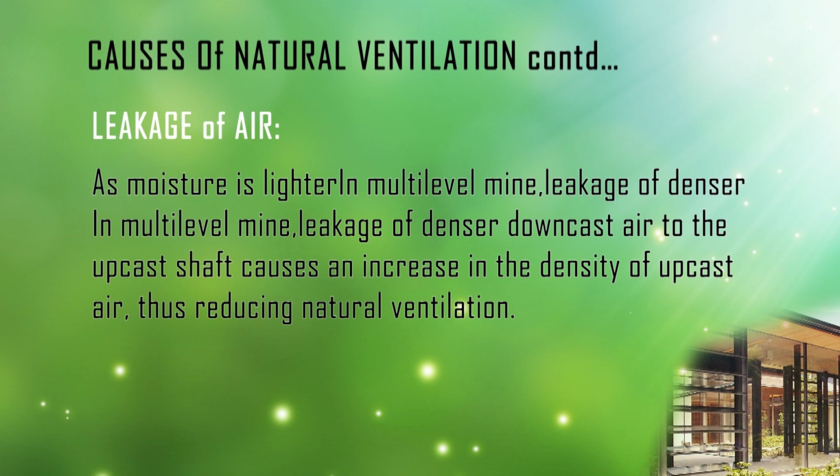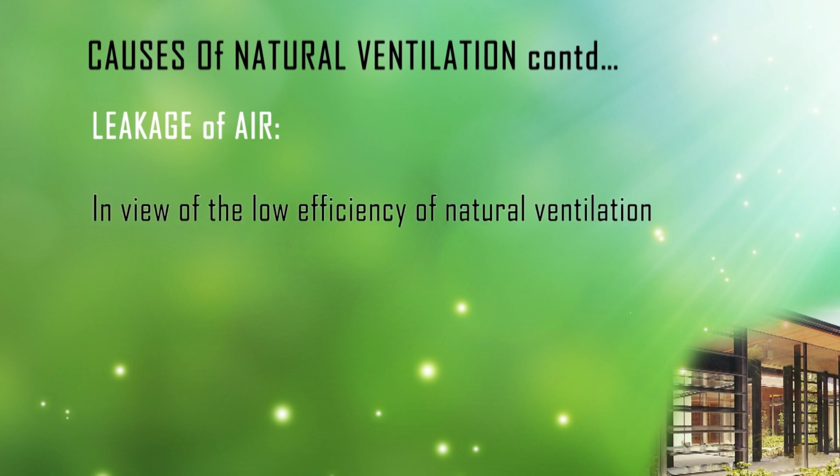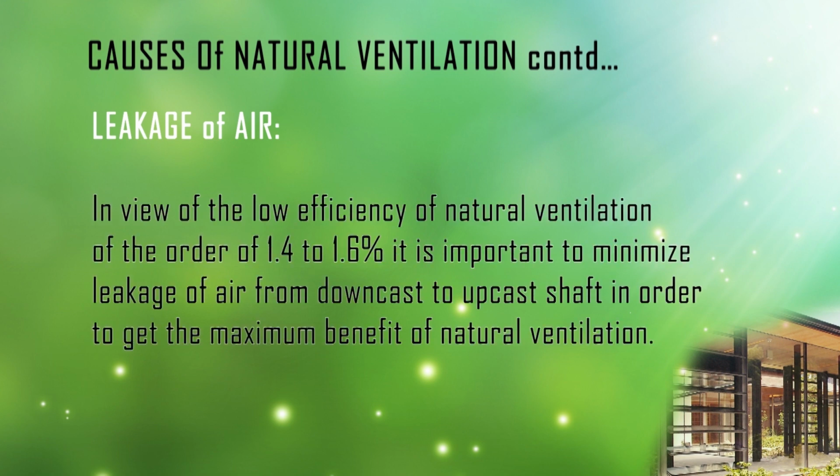In view of the low efficiency of natural ventilation, of the order of 1.4 to 1.6%, it is important to minimize leakage of air from downcast to upcast shaft in order to get maximum benefit of natural ventilation.